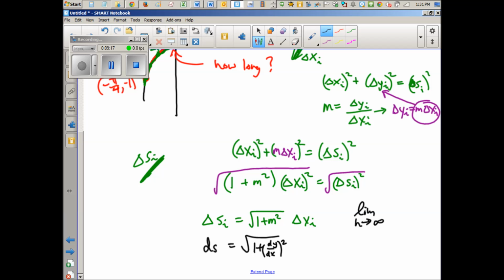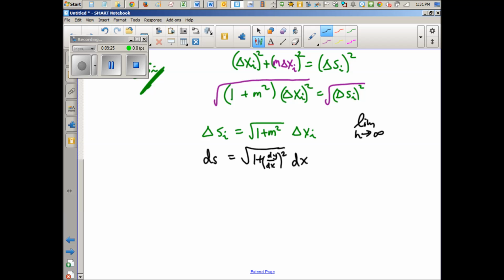There's a difference, right? And what happens to delta x sub i? It becomes dx. And if you want s, throw an integral sign on both sides. So now we treat our integral as an operator, something we use whenever we need it. What does the left side become?